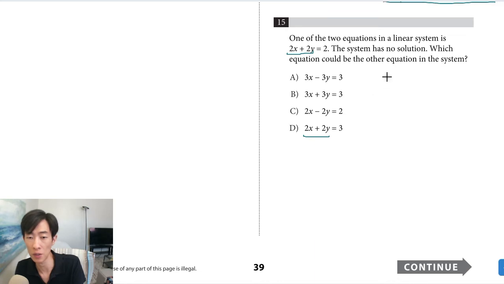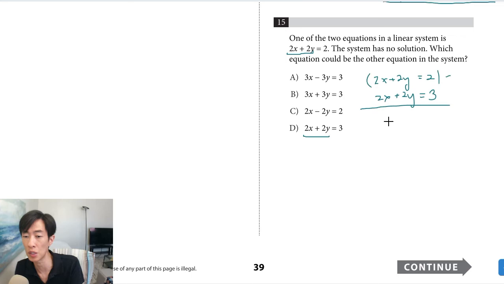And writing that out, I'll just show you very quickly. It would look like 2x plus 2y is equal to 2, and then 2x plus 2y is equal to 3. And notice what would happen if you solve this as a system of equations, subtract maybe the first one from the second one, you get 1 equals 0, so that doesn't make sense.